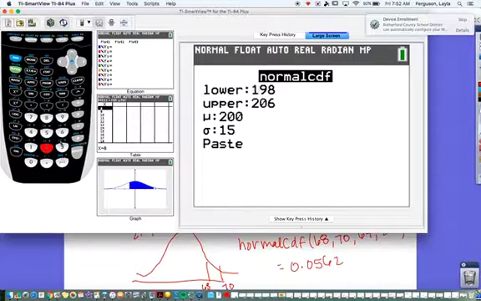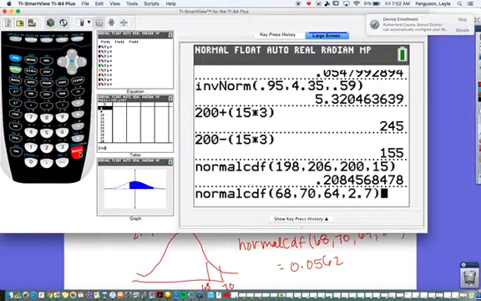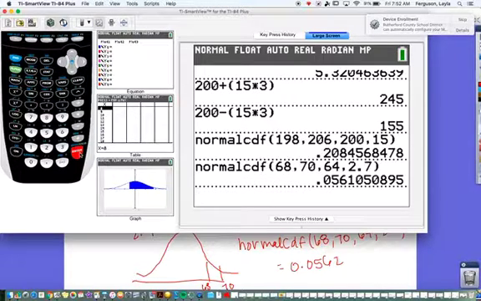Your lower bound is 68. Your upper bound is 70. Your mean is 64. And your standard deviation is 2.7. And so, just like I said, it would be 0.062.